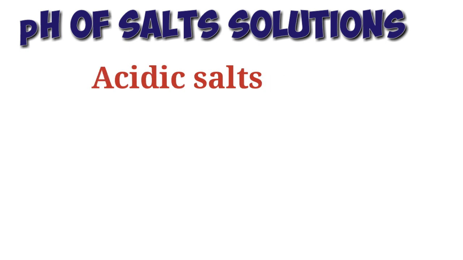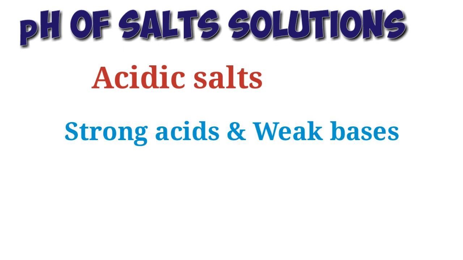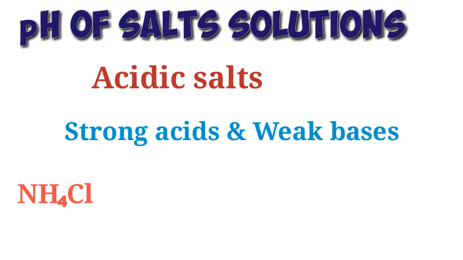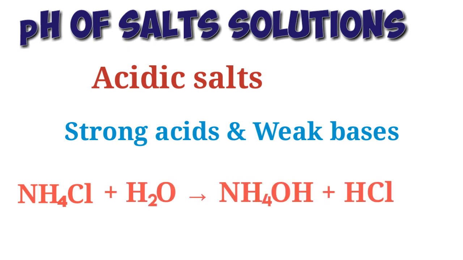Next one, acidic salt. Its solution has pH less than 7. The acidic salt is formed by the neutralization of a strong acid and a weak base. For example, ammonium chloride. Ammonium chloride is a salt of a strong acid, hydrochloric acid, and a weak base, ammonium hydroxide. So an aqueous solution of ammonium chloride is acidic in nature. When ammonium chloride is dissolved in water, it gets hydrolyzed to some extent to form ammonium hydroxide and hydrochloric acid.